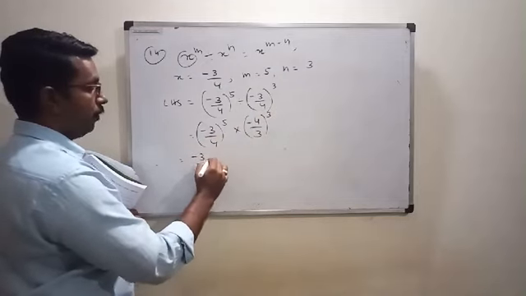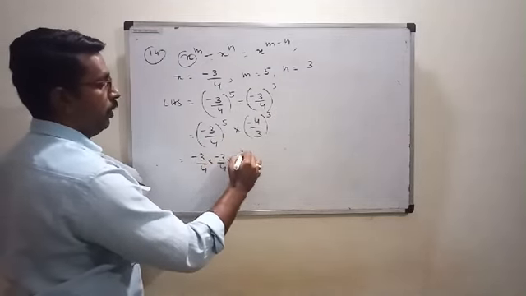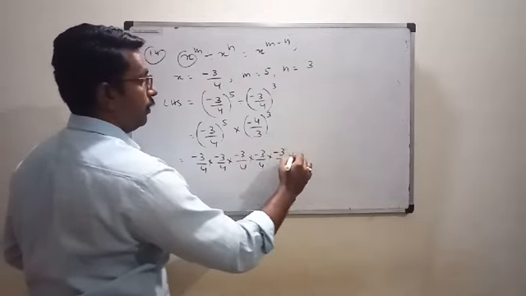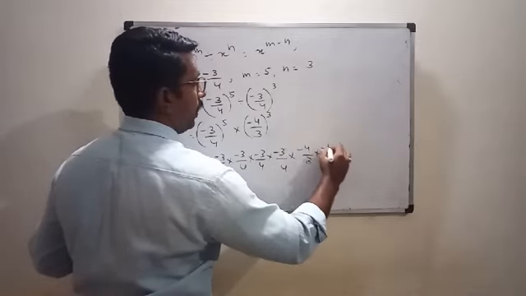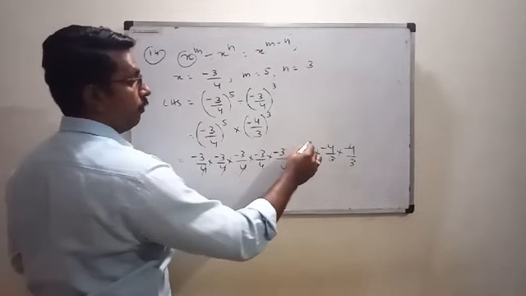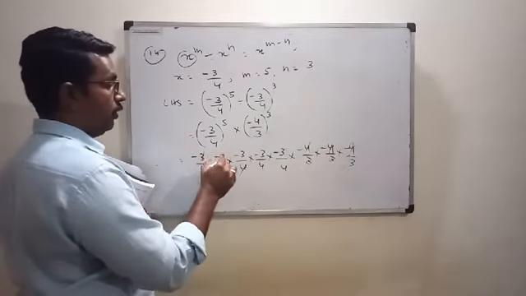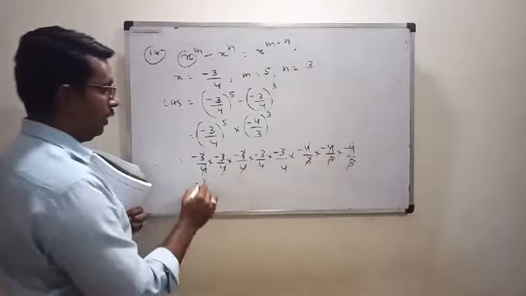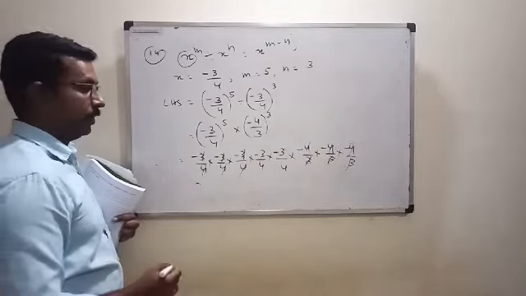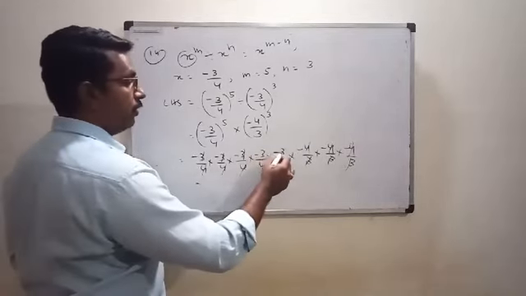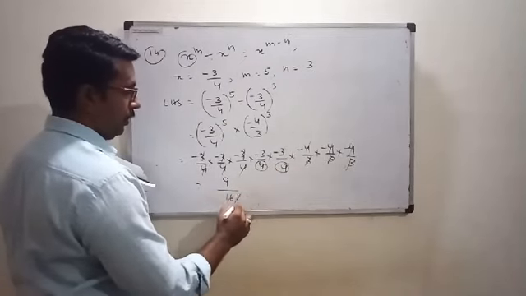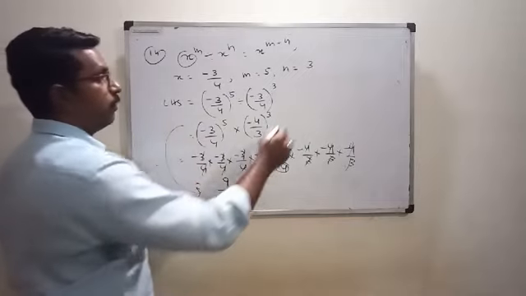Now minus 3 by 4 into minus 3 by 4 into minus 3 by 4 into minus 3 by 4 into minus 3 by 4 into minus 4 by 3 into minus 4 by 3 into minus 4 by 3. You can cancel 1, 2, 3. This also we can cancel. 1, 2, 3, 4, 5, 6, 7, 8 negative exponents means it will be positive only. 3 into 3 is 9, upon 4 into 4 is 16. So what is the answer of this one? LHS we got 9 upon 16.